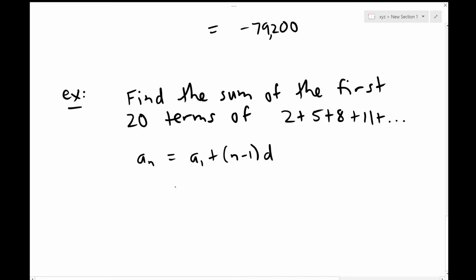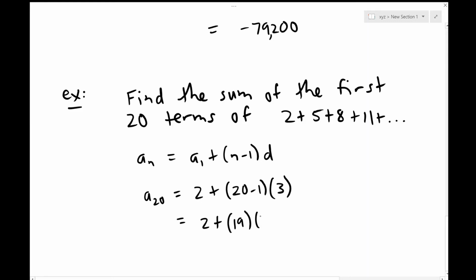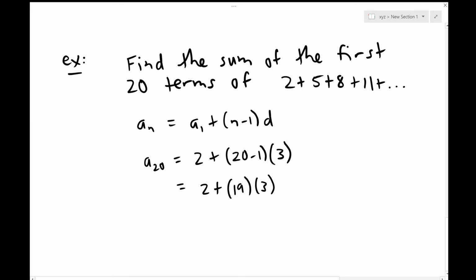In this case, if I want to find the 20th term, a sub 20, that's going to be a sub 1, which we can see is 2, plus 20 minus 1 times the common difference, which hopefully is easy enough to see, is 3. And so finding the 20th term, what we'll have here is 2 plus 19 times 3, which will give us 59.